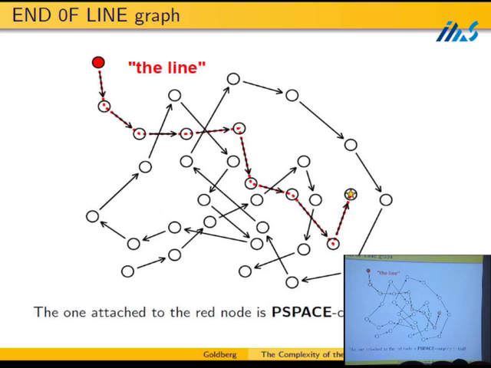A very quick overview of why it's PSPACE-complete to find is that these two circuits, which tell you, given a point, what its neighbours are, can be thought of as simulating a reversible Turing machine. Each of these points is a configuration of a space-bounded Turing machine.